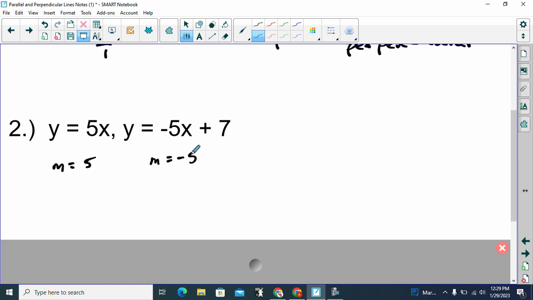Slope is negative 5. You always want to think through, are these slopes the same? 5 and negative 5 are not the same. And then are they opposite reciprocals? Positive and negative, they are opposites, but notice I did not flip it. These are neither parallel nor perpendicular.